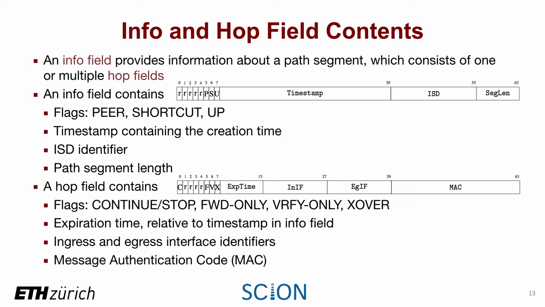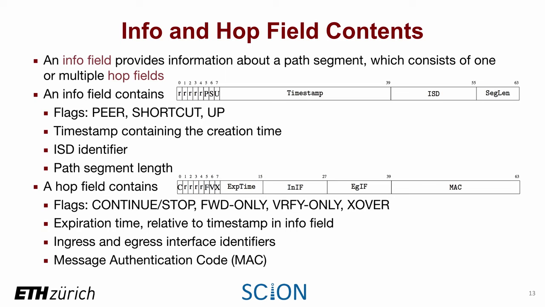There's also a timestamp containing the creation time of the PCB and an ISD identifier that identifies the isolation domain. Finally, the segment length is added, containing how many hop fields are included.